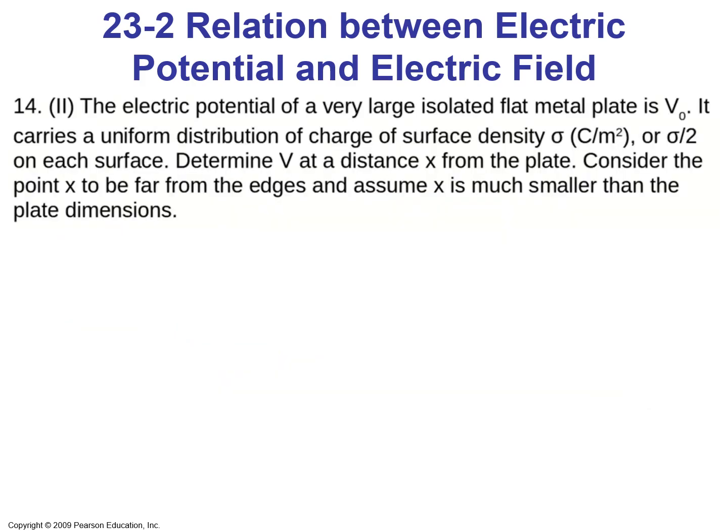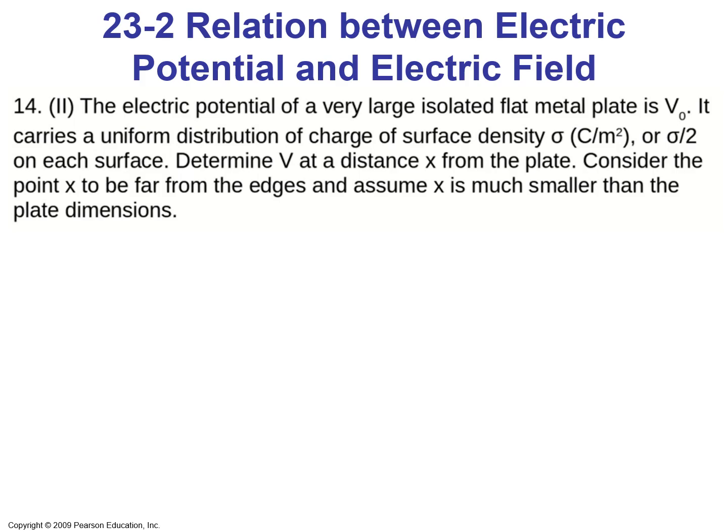All right, let's look at problem number 14 in the book as an example. The electric potential of a very large isolated flat metal plate is V naught. It carries a uniform distribution of charge of surface density sigma, with the unit of coulomb per meter squared, or sigma over 2 on each surface. Determine V at a distance x from the plate.